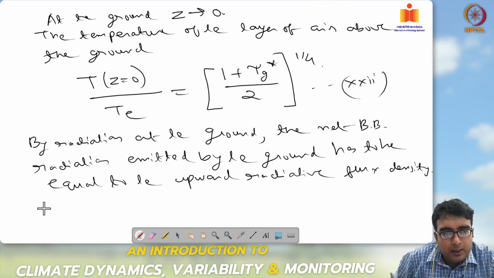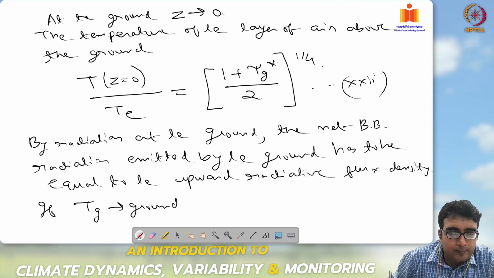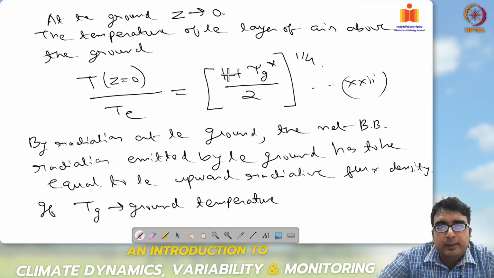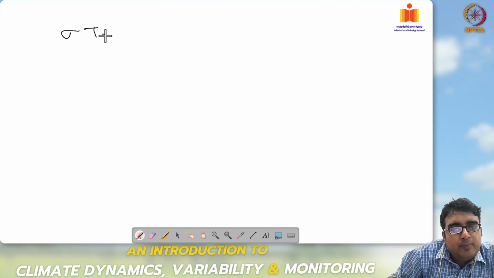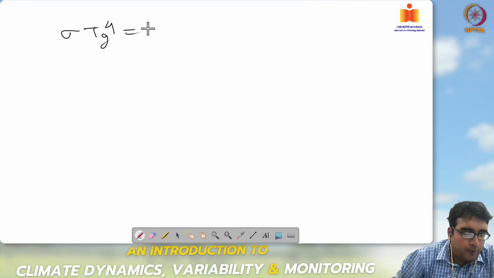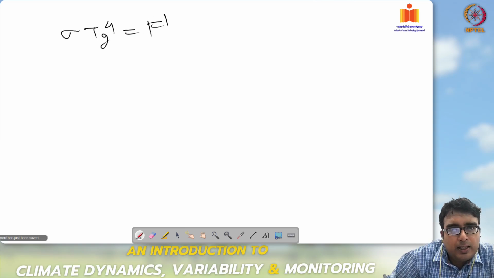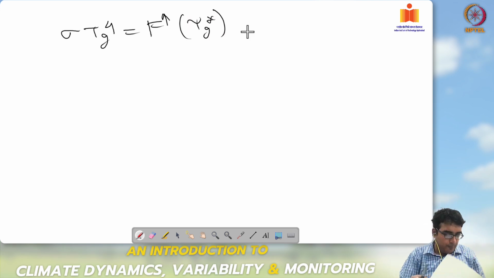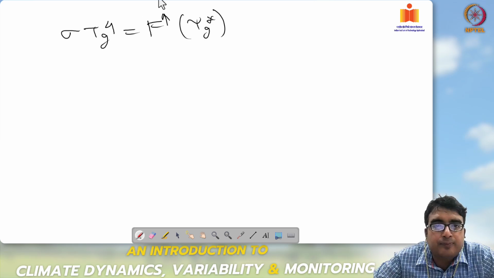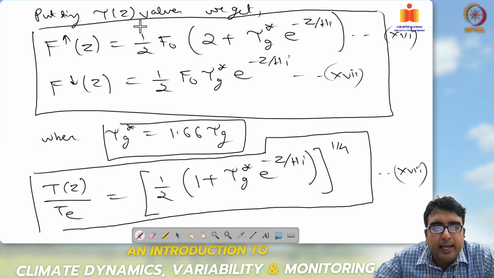So, if Tg is the ground temperature, then assuming that the ground is a black body, we get sigma Tg to the power 4 equals F upwards at tau g star. Now what is F upwards? F upwards is this expression here.